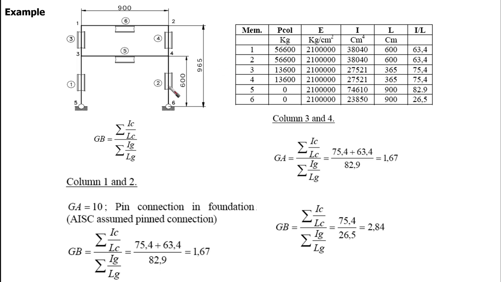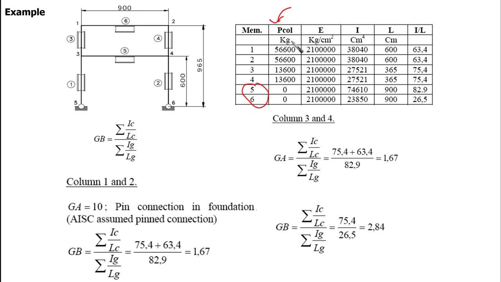We can give numbers for the columns 1, 2, 3, 4, putting the member numbers here, and including the girders 5 and 6. So these 5 and 6 are for girders. And then this is actually maybe part of the calculation for a column. This is not needed here.